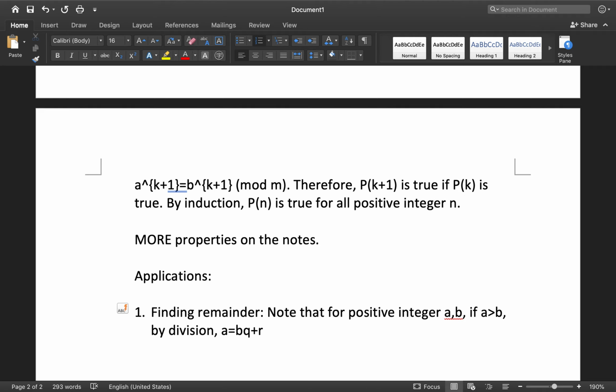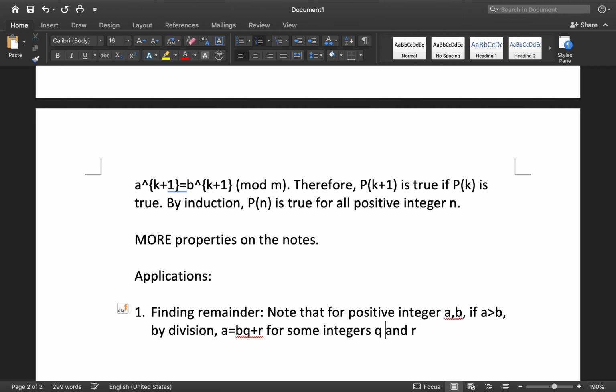You just divide the larger integer by the smaller integer, then you have the quotient q and the remainder r.